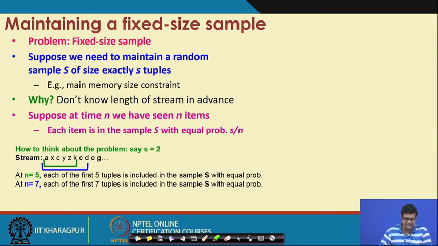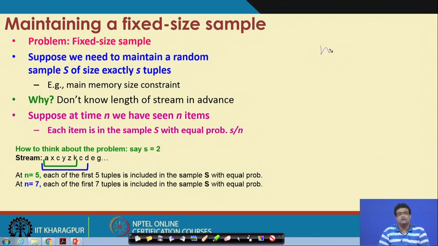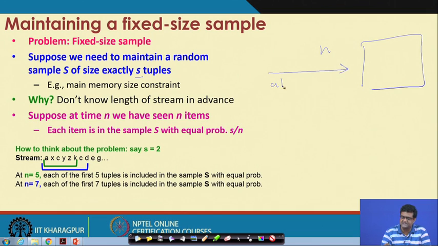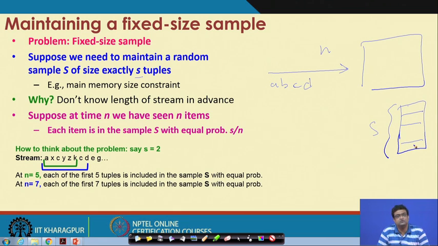At any point in time, let us say you have seen n elements, and now you have to maintain a sample of size s. There is a stream coming, a, b, c, d, and you have to store exactly a sample of size s. So there should be s entries in this memory that you store.